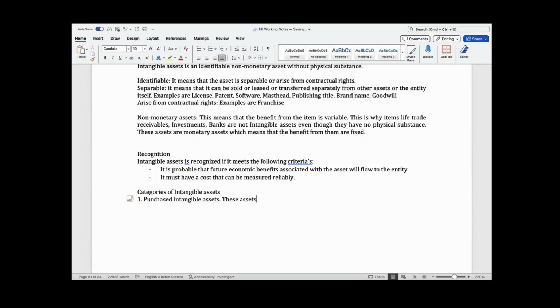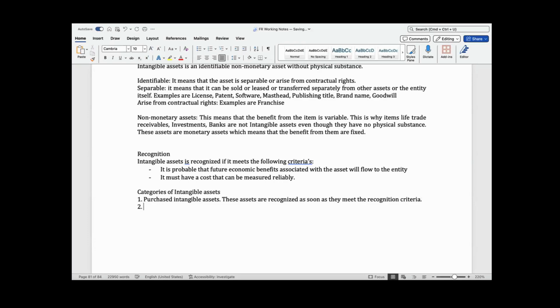So these assets are recognized as soon as they meet the recognition criteria as we mentioned up there. So you recognize them in the books immediately. As much as you are paying for it, then fine, you can go ahead and put it in your books.